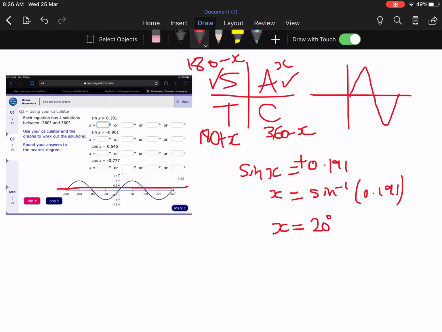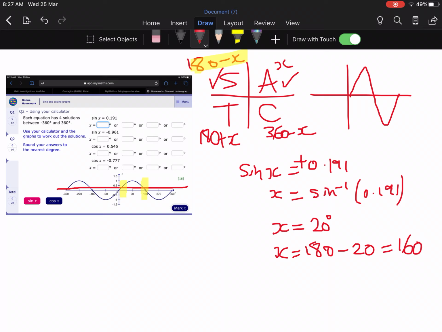Now, similar to the video I sent before, you use some common sense. So the first angle I'm saying is approximately 20. That's here. Now to find this one, all I do is 180 minus x, which is 180 minus 20, so that would be approximately 160.